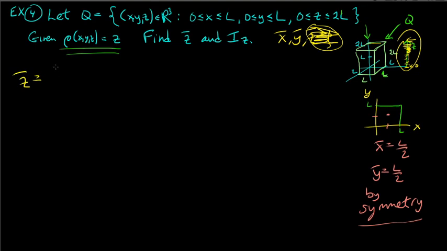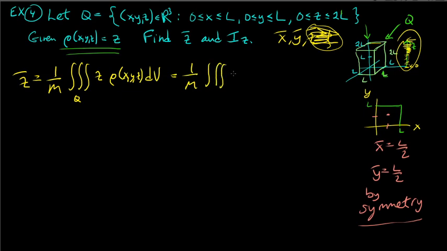And remember what z bar is. It's 1 over m times the triple integral of z times the density, which of course is just z. So it's going to be 1 over m times the triple integral of z squared, z times z, over Q. But of course, what's m?